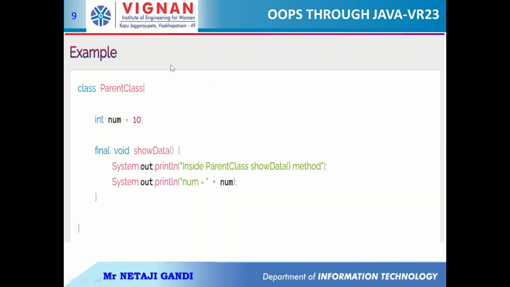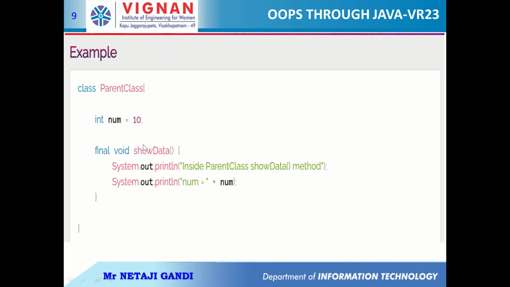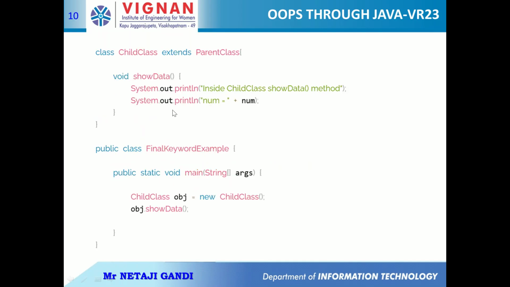Now coming to the actual concept, I want to take one more example here. The parent consists of the number 10. You can apply the final keyword before the void show data. Now what is the inheritance syntax? Can anyone tell me what is expected on the next slide? class child class name extends parent class name. The parent has the show data method and the child also has the show data method.